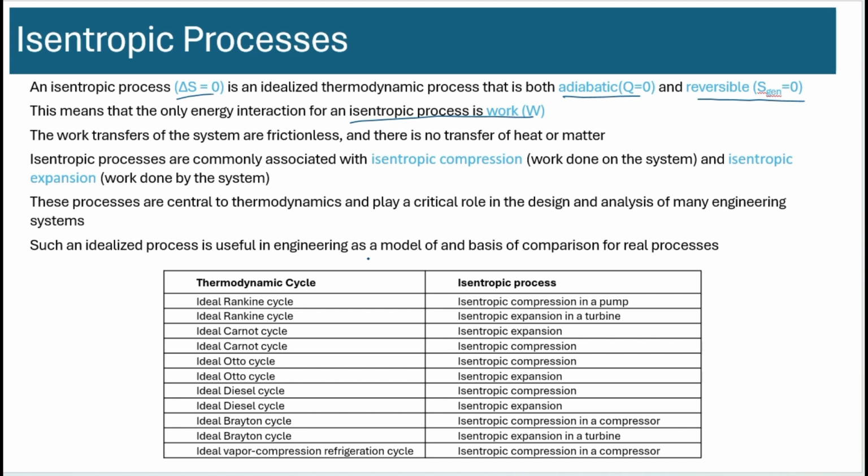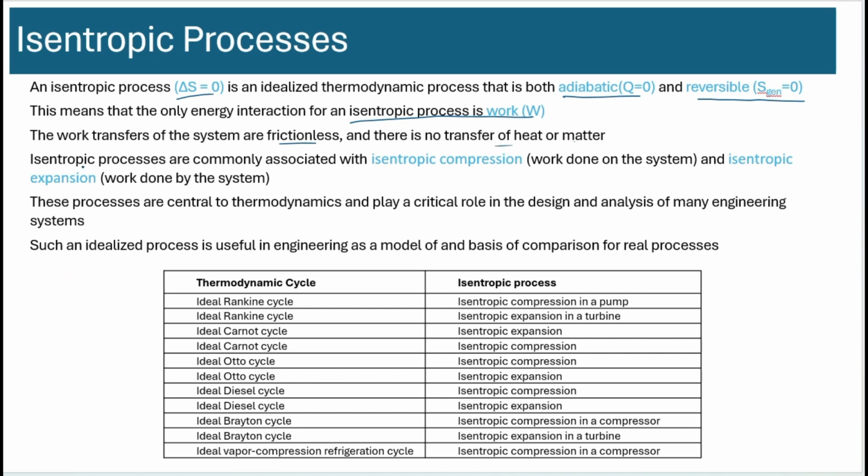If work is done in such a way that it is not creating additional entropy, in a reversible way, infinitesimally slowly, making sure that at each step all the particles are in equilibrium, then such work is isentropic work. That's the only energy change that could happen in an isentropic process. Such transfers are of course frictionless, with no transfer of heat or matter.